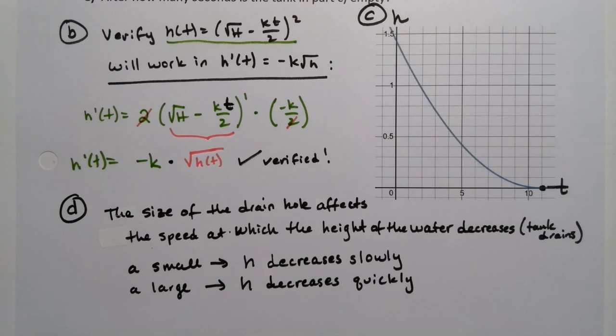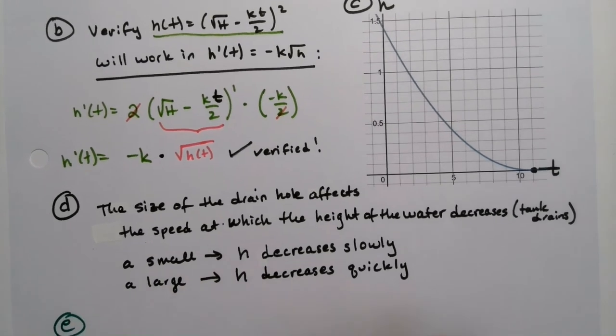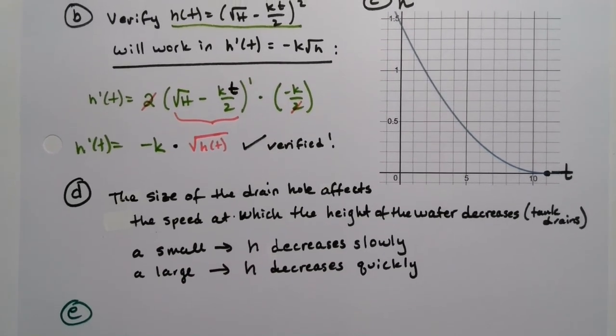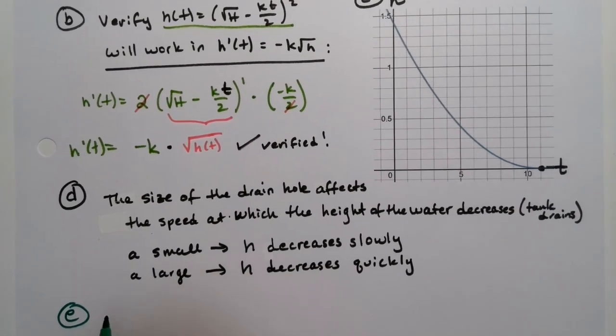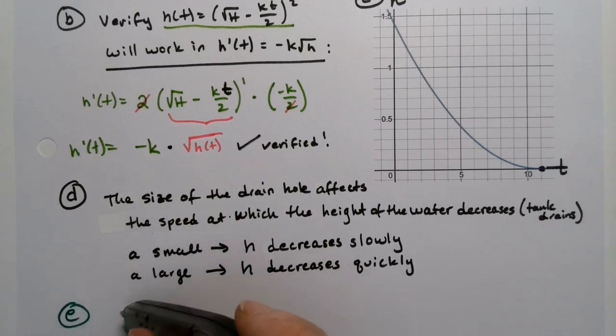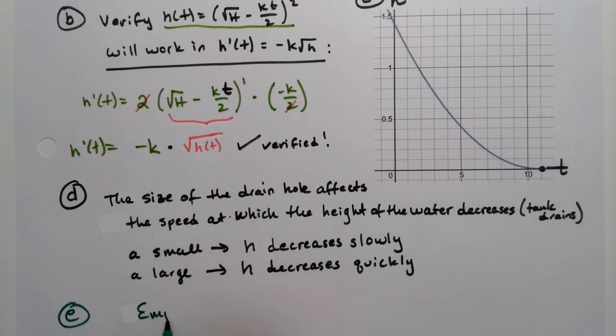Now, for part E, we could do this a little bit cheekily. They want to know after how many seconds the tank in part C is empty. Well, I'll do you one better. I just want to know when it's going to empty. So when will the height, so empty would imply the height is equal to 0.